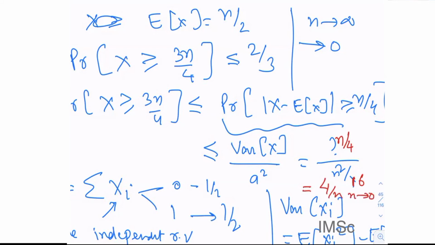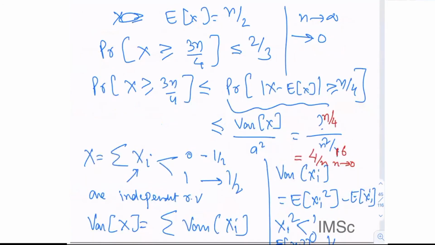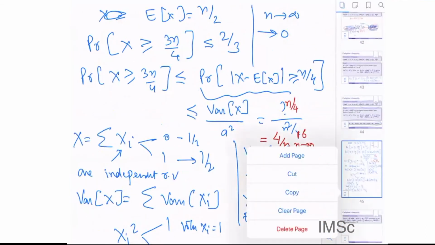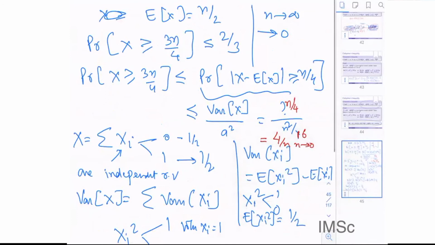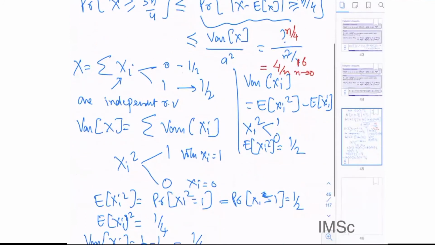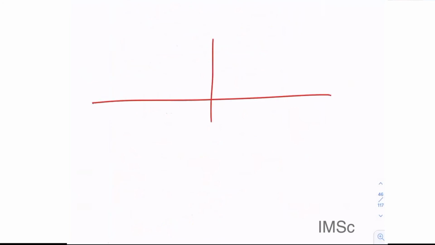But notice what we proved now. In our running example, we know the number of green balls is n by 2. And we asked, what is the probability that the number of green balls is greater than or equal to 3n by 4? We got 4 over n.